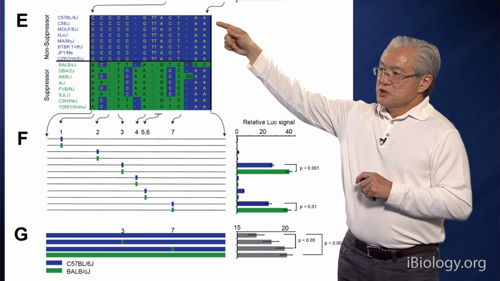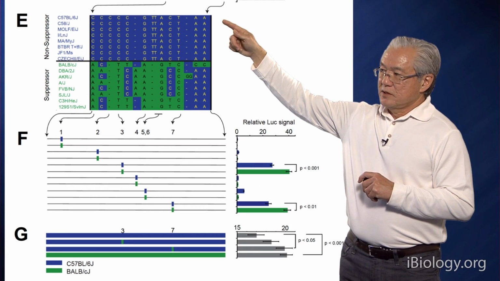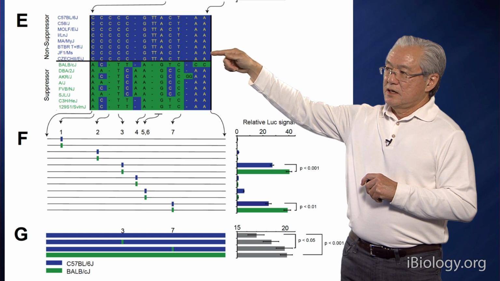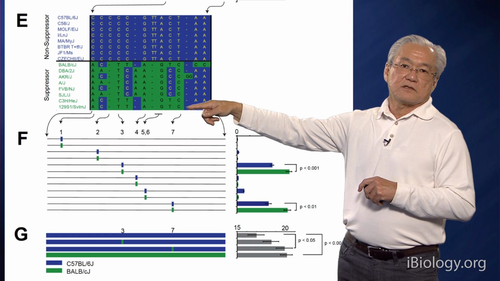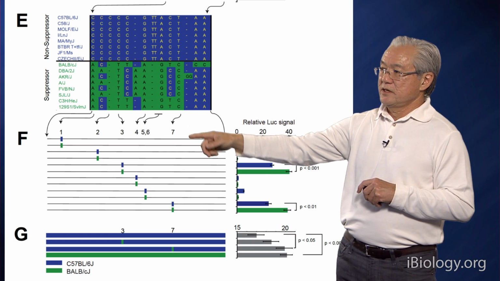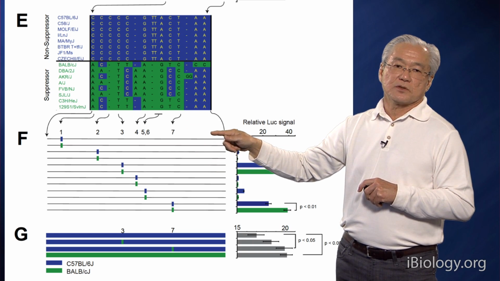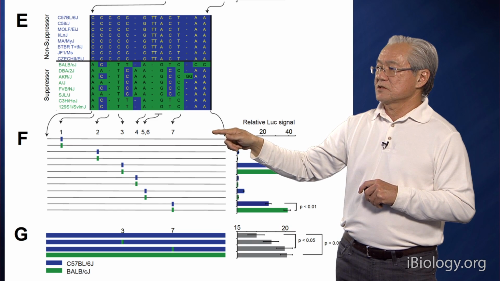And within this region, which is about 1 kilobase of the BALB/c promoter, there are only 7 sequence differences in this regulatory region shown in green here. These 7 SNPs, or single nucleotide polymorphisms.